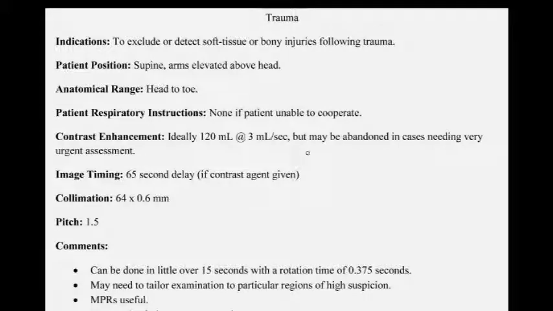Okay, in a trauma situation, CT is excellent in terms of this. Typically, this is done to exclude or detect soft tissue or bony injuries following trauma. Excellent during wrecks, things like that, so that you can actually visualize what is going on in the patient.